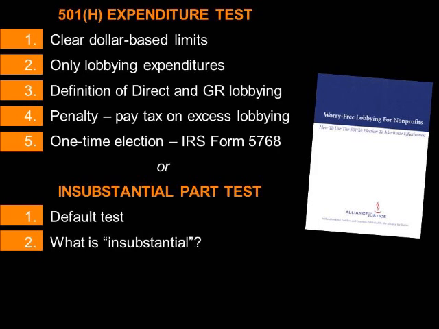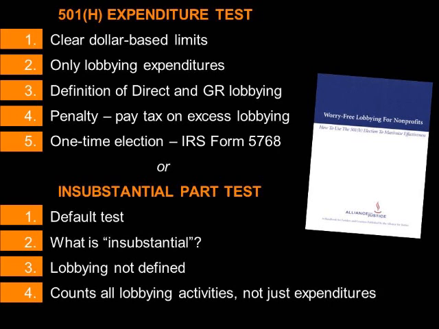Beyond the fact that there are not clear lobbying limits under this test, lobbying is not defined under the insubstantial part test, unlike under the 501h expenditure test, which provides clear definitions of direct and grassroots lobbying. Also under the insubstantial part test, the IRS looks at all of a C3's lobbying activities, not just what it spends on lobbying, to determine whether the C3 did more than an insubstantial amount of lobbying.